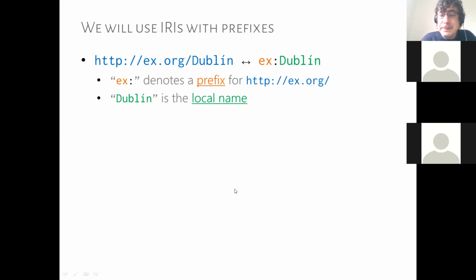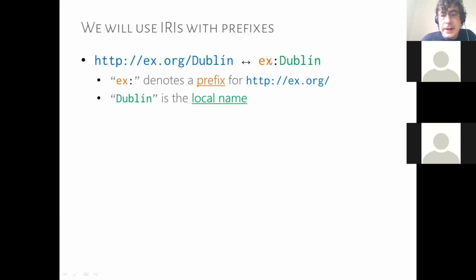Professor? Yep. When you define it in that way, you are defining like a key-value pair, like a prefix and a local name? Yep. So in this case, when we define the prefix, it's essentially a key-value: we would say this prefix ex: has this value.